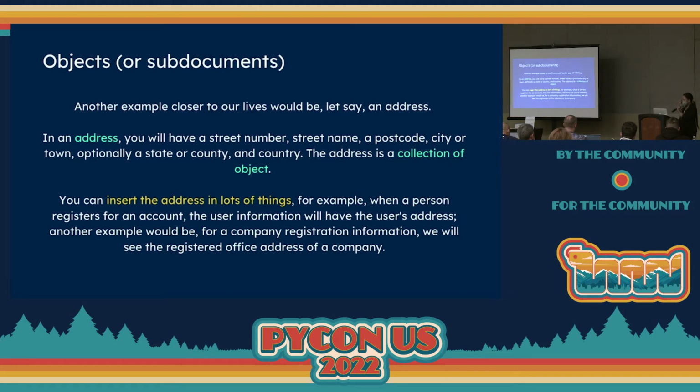So you can also put this address as an object itself into different things. For example, you have one user who can have different addresses, or different users can share the same address. So you can also reference it to another object as well.